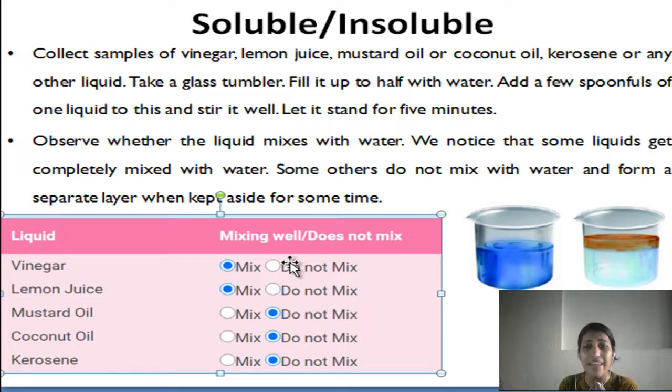So they are said to be insoluble materials. Some liquids mix with water, they are said to be soluble, while some do not mix with water, they are said to be insoluble. You have to write your observations in the table in your textbook.